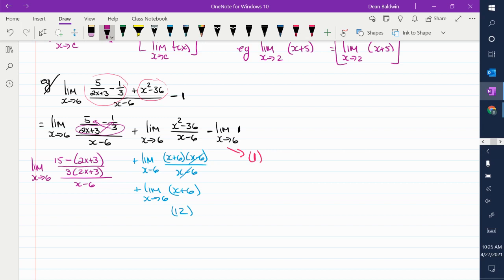So now we just have to clean that up. What's 15 minus 3? 12, right? So I get 12 minus 2x over 3 times 2x plus 3, all over x minus 6.